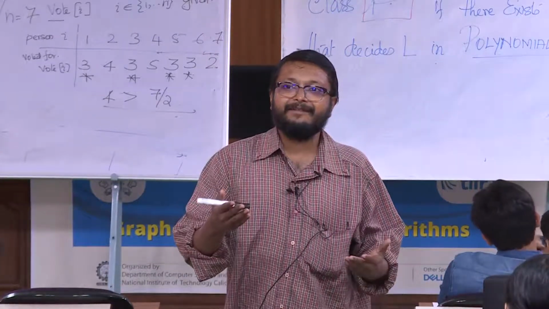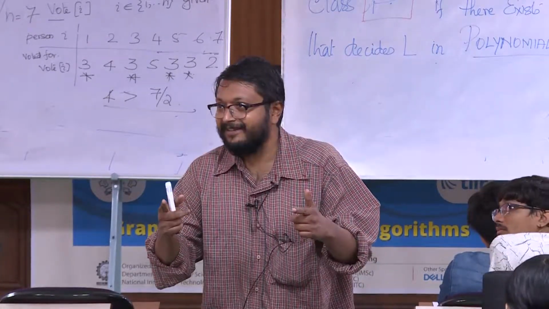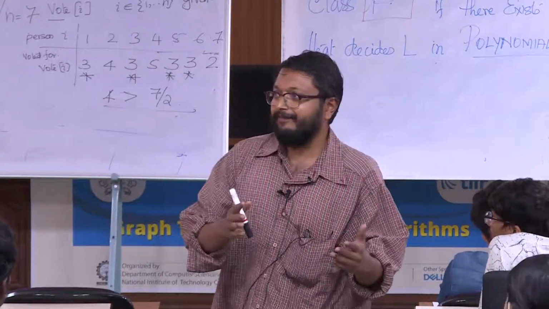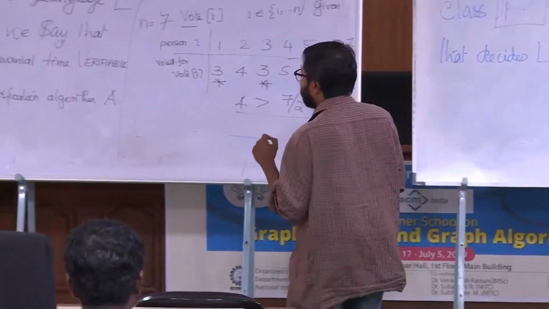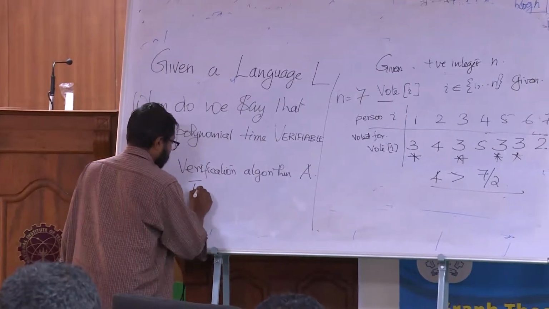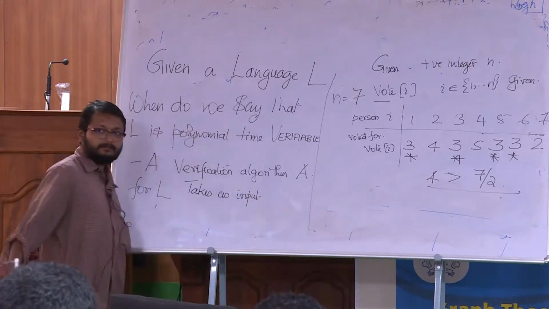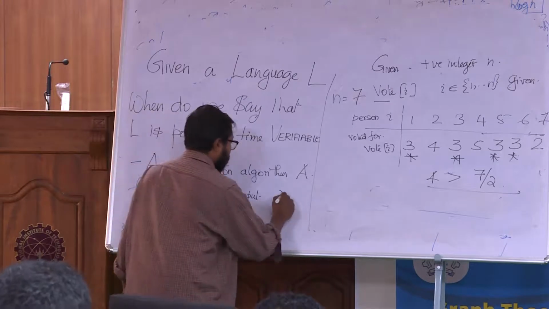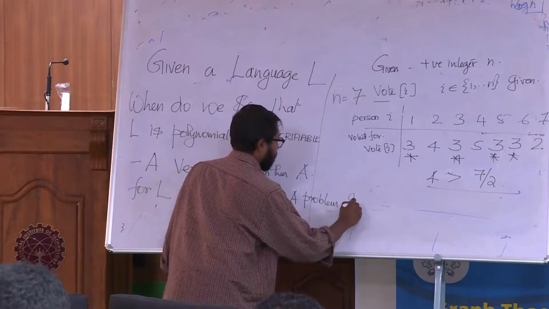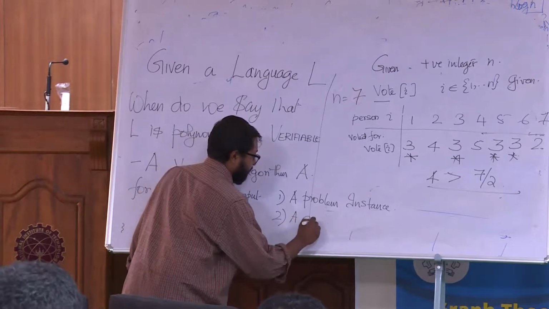Additionally, what is to be given? A candidate. A candidate has also to be given. This candidate is sometimes called a certificate, sometimes called a proof, etc. So a verification algorithm for L takes as input one, a problem instance, two, a candidate solution.